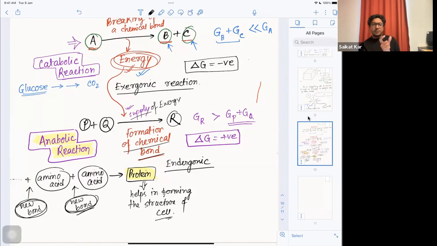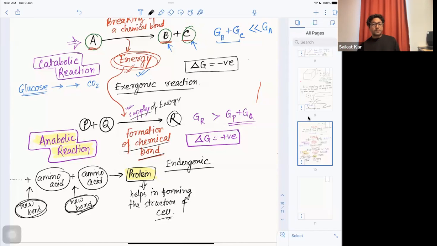But in between, there can be 1 or 2 reactions where Del G is positive. Say in 10 reactions, the 4th and 5th reaction is Del G positive, but all other reactions are negative, and in general the total is negative.